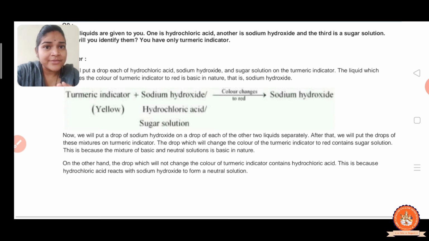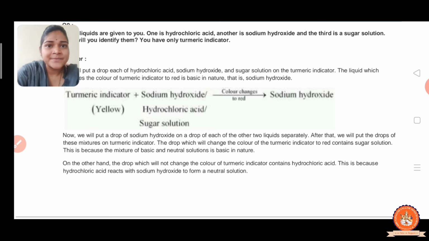You know very well the neutralization process: when an acid and a base react with each other, a neutralization reaction happens, right? So salt and water are formed through this. From that we can decide it is acidic in nature, right?